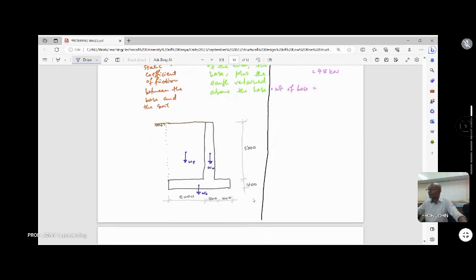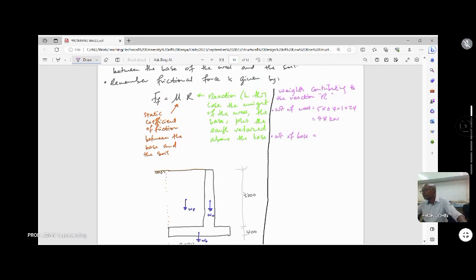2.8 times 0.4 times 1 times 24. Weight of this is 2.8 times 0.4 times 1 times 24, 26.9 kilonewtons.